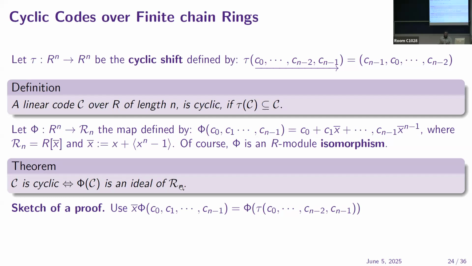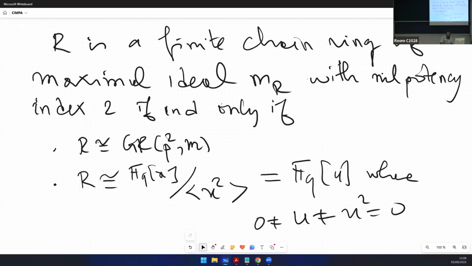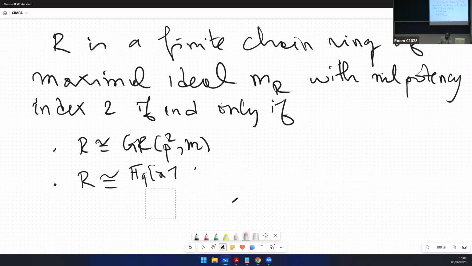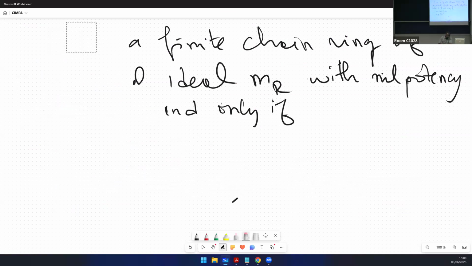This theorem allows us to identify cyclic codes with ideals of this ring. In coding theory, when a code is cyclic, we work with ideals.